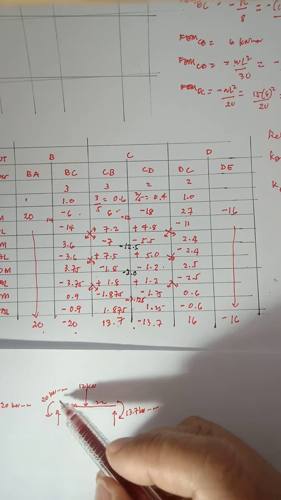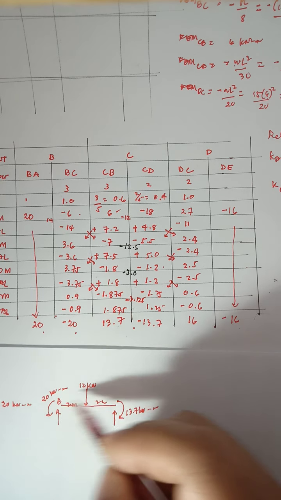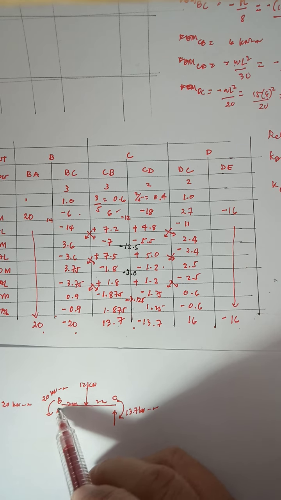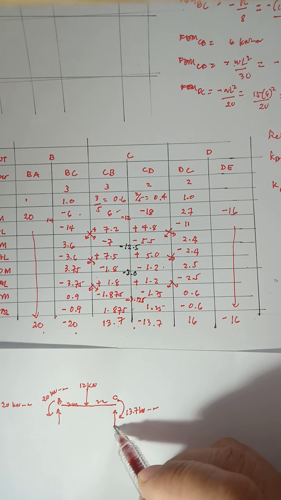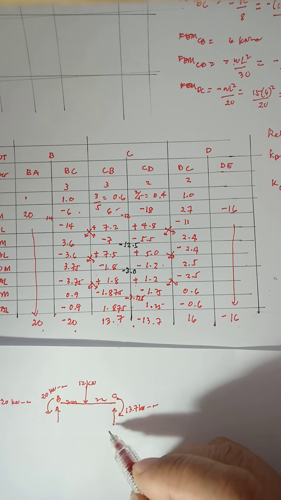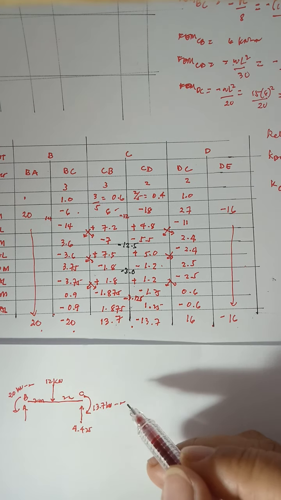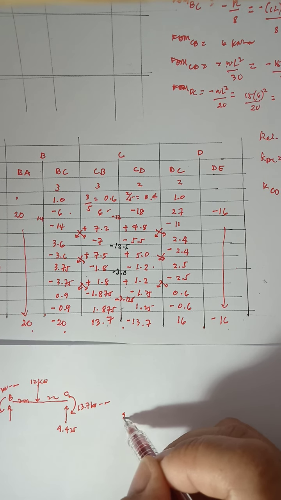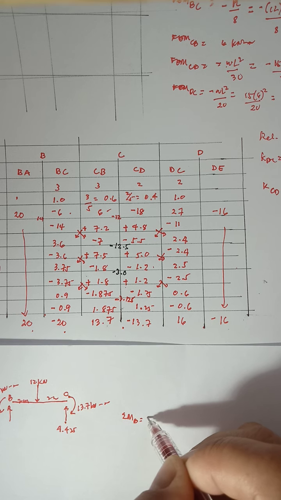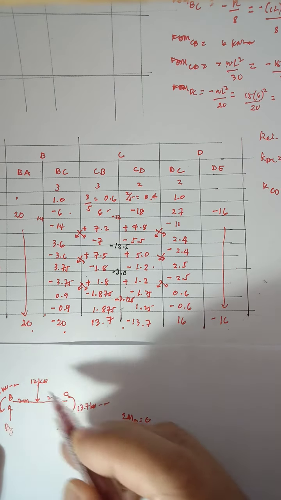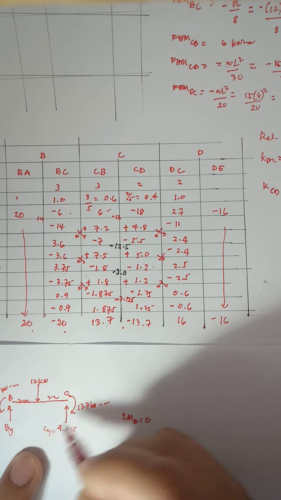Okay, so sum up moment, this is span BC. So sum up moment at B equal to 0, you can solve for the reaction at the right. So this is BY and this one is CY.